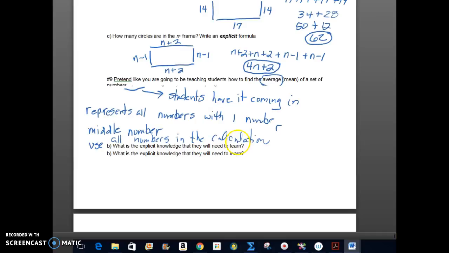It's implicit knowledge. So what you then are going to do is lead them to the explicit knowledge, right? Which the explicit knowledge here is to find the average, add up all numbers, and divide by how many?